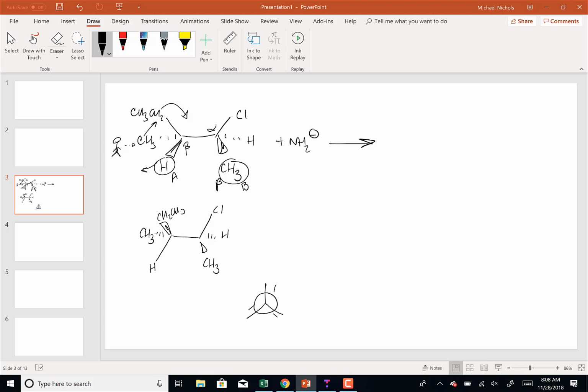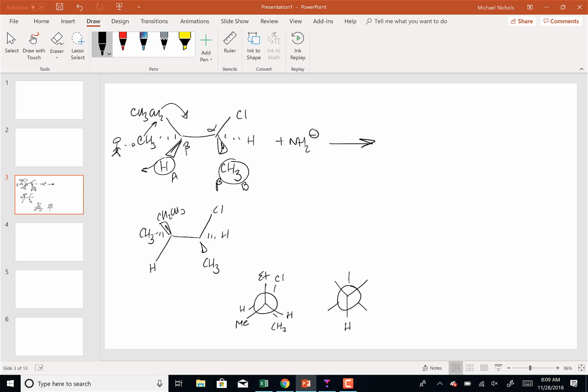The front carbon has the ethyl group here, the hydrogen here, the methyl group here. The back carbon has the chlorine here, the methyl group, and then the hydrogen is away from you. And now what I need to do is rotate that front carbon so that it looks like this.